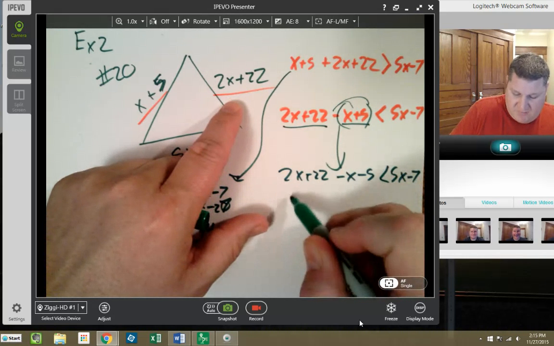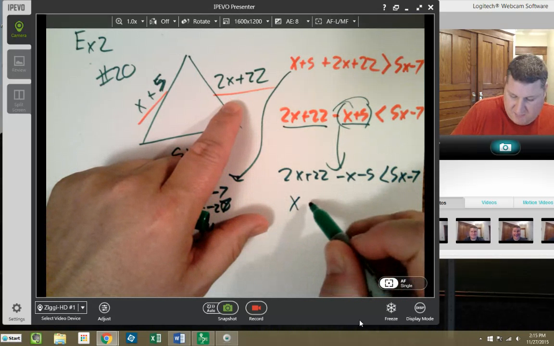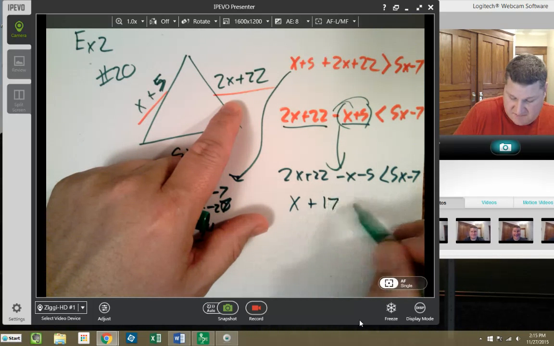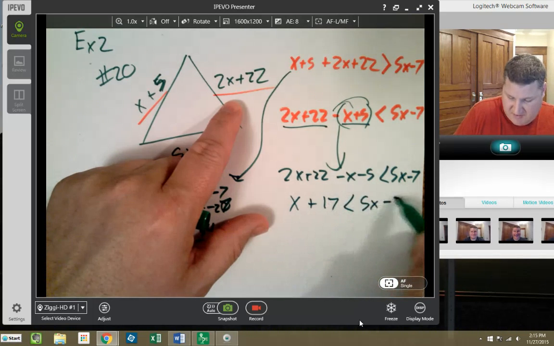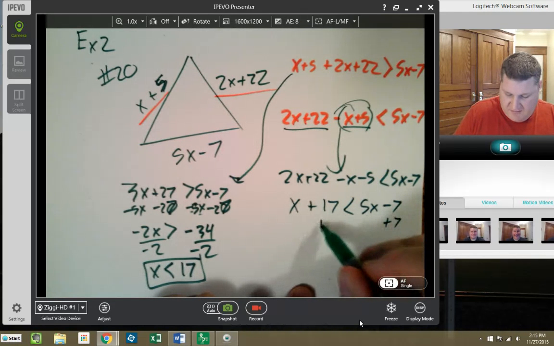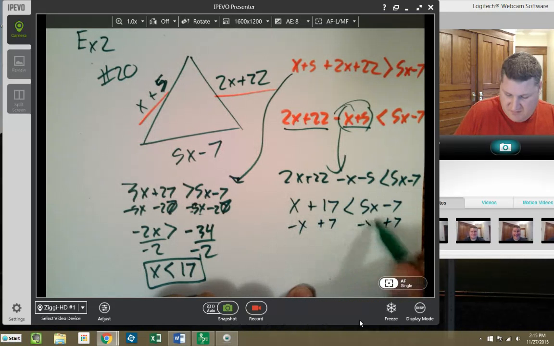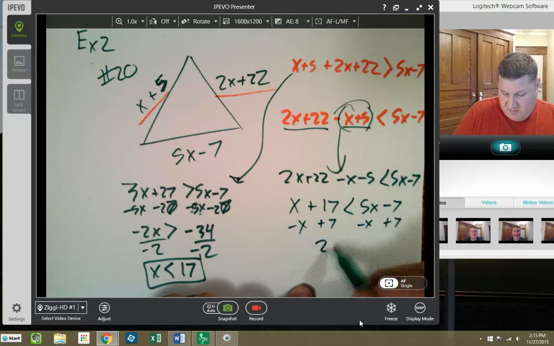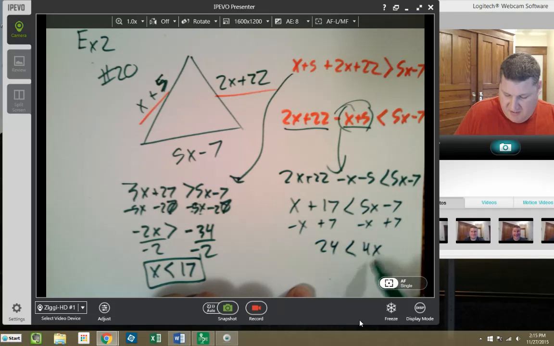And so we come up with x plus 17 is less than 5x minus 7. If I add 7 to both sides, minus x, I come up with 24 is less than 4x. Now, if I divide by 4, x has to be greater than 6. So x greater than 6.